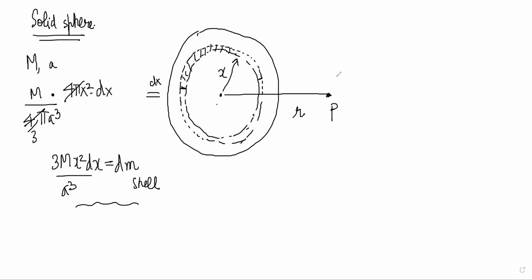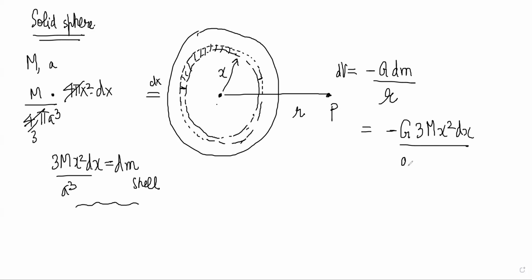So potential here would be minus G dm, divided by the distance of the mass of the shell, which is assumed to be at the center, to this point, which is simply r. So minus G dm is basically 3M x squared dx by a cube, and r. This becomes your dV.